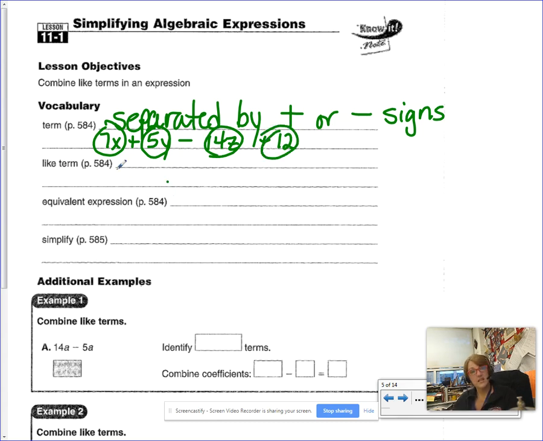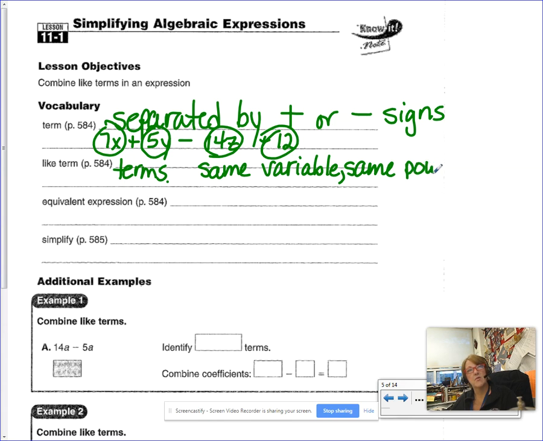If we have like terms, that means that they are terms that have the exact same variable and the same exponent on the variable. So I'm just going to write it as same power. Okay? So if I have something like 5x and 14x, they have the same variable, same power.